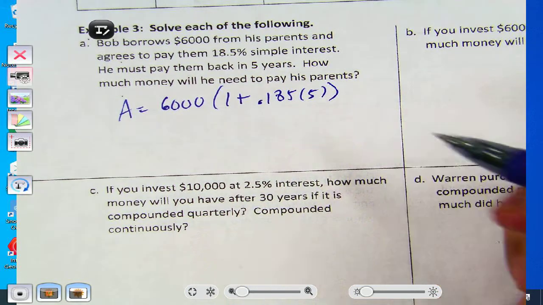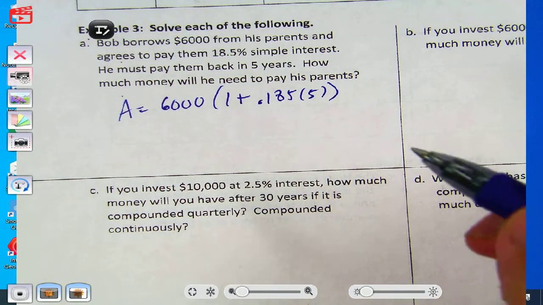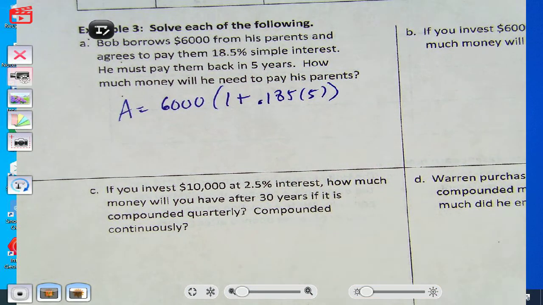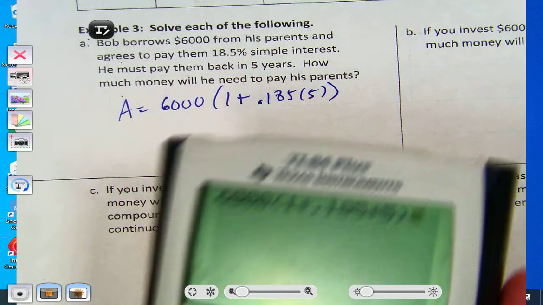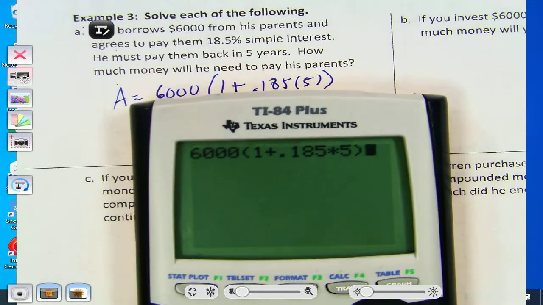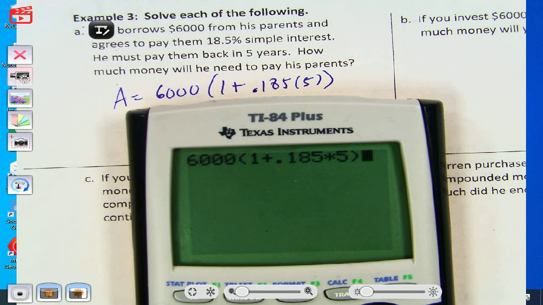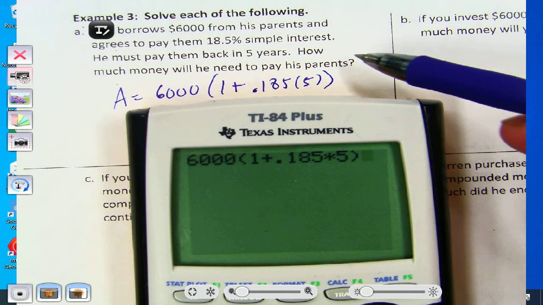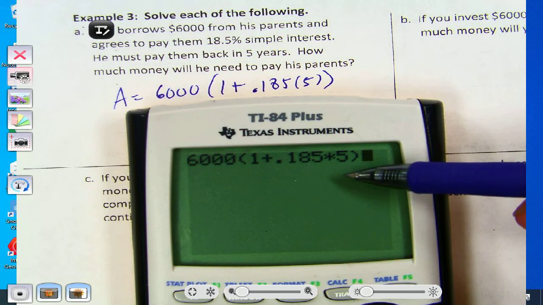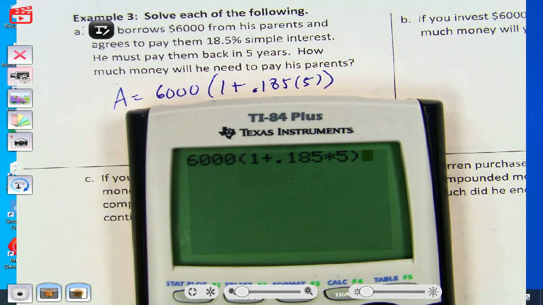And that's what you put in the calculator. 6,000 times (1 plus 0.185 times 5). When I write it down, I use parentheses, but in the calculator, I just use times there. Press enter, and the answer is $11,550.